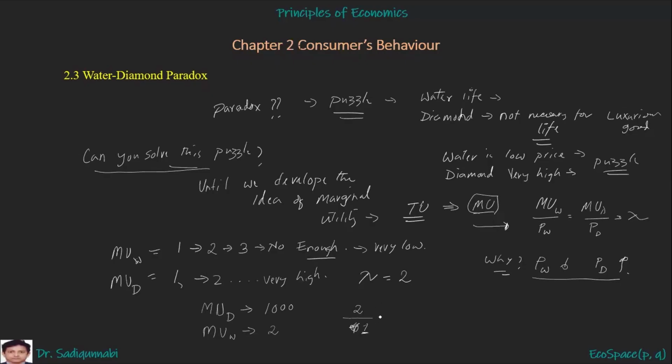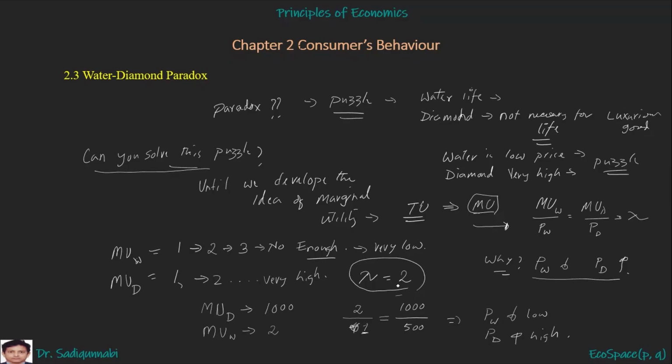So now, we say that MU of diamond is 1000. What should be the price of diamond? 500. So that's why the price of water is low and the price of diamond is high, because of this constant.